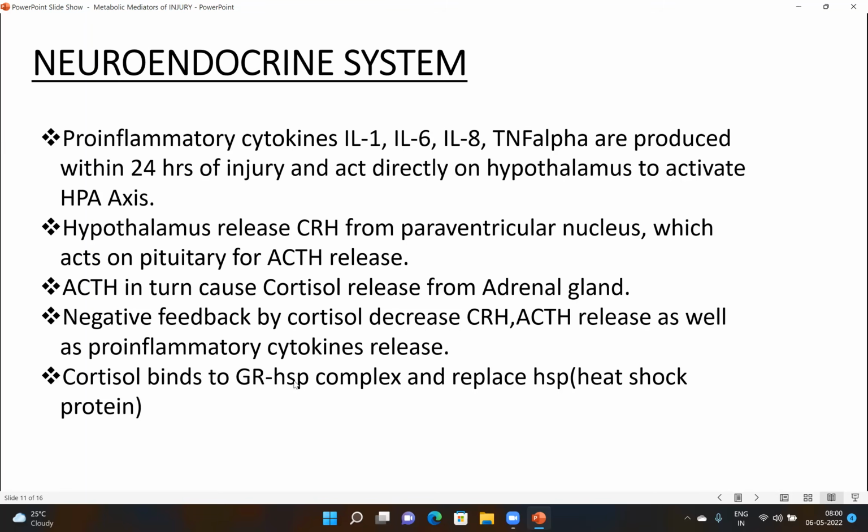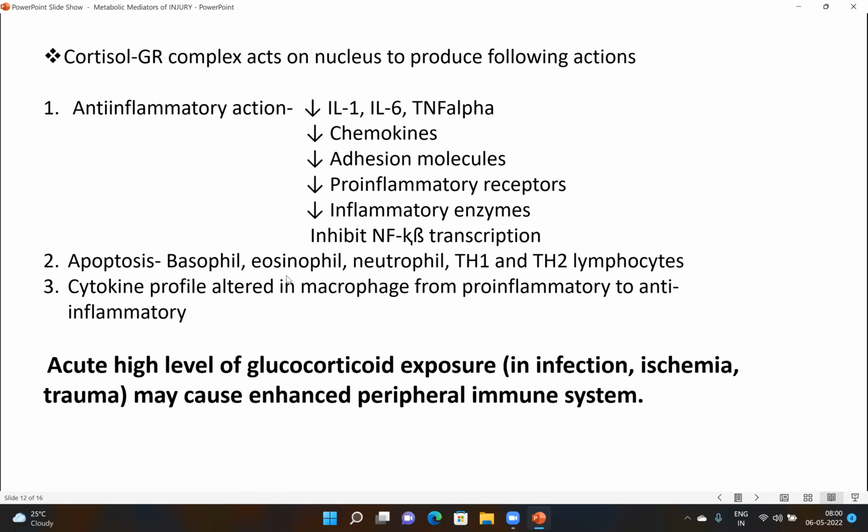Cortisol binds to the glucocorticoid receptor heat shock protein complex and replaces the heat shock protein, making a complex of cortisol and glucocorticoid receptor. This complex acts on the nucleus to produce anti-inflammatory actions, which lead to a decrease in interleukin 1, 6, TNF-alpha.